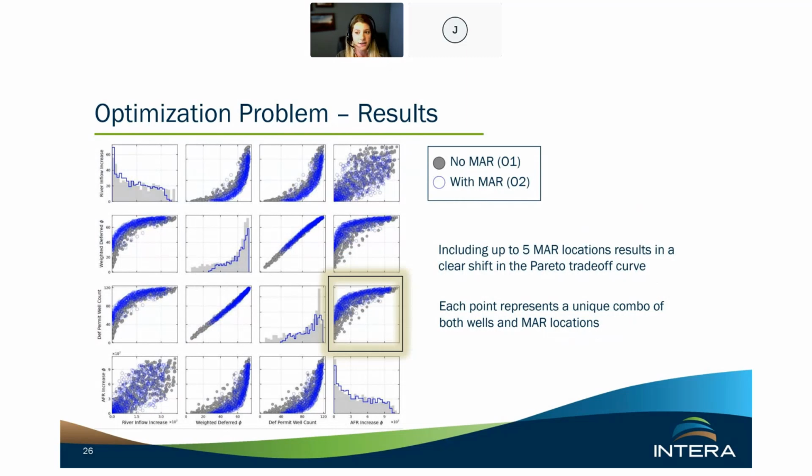So just to point out again that now with our blue Pareto curve series here, each one of those points represents a unique combination of deferred permit pumping wells, but also a unique combination of MAR locations.